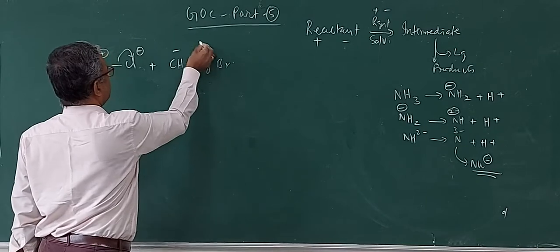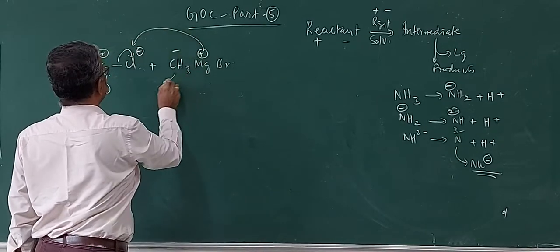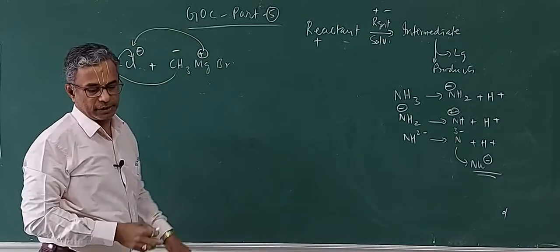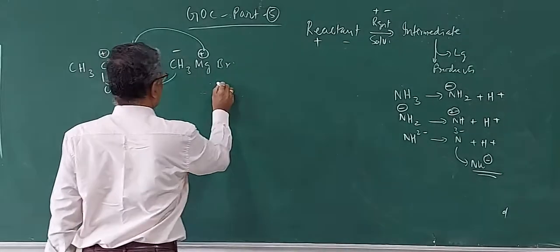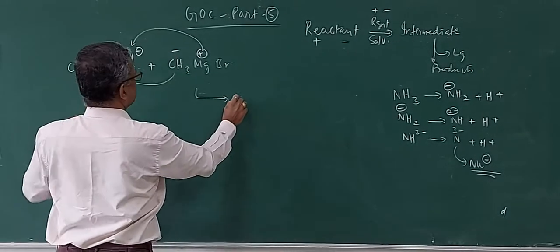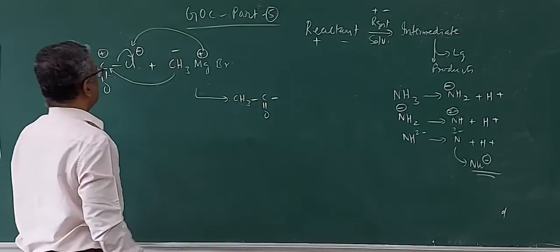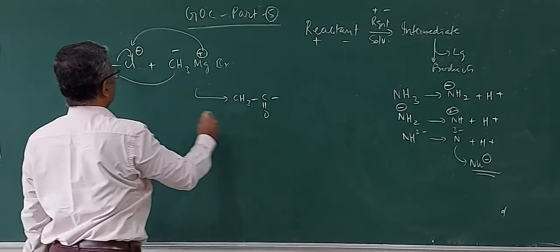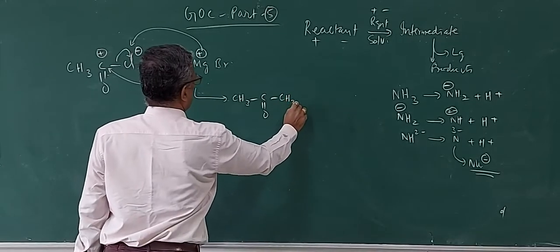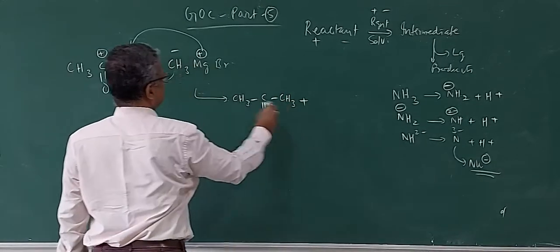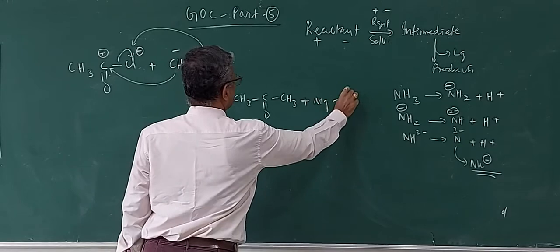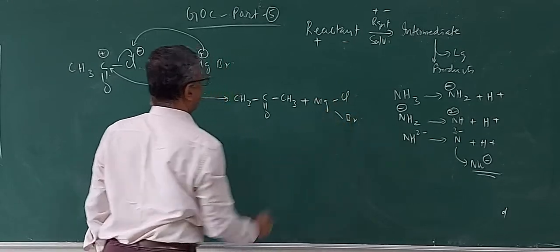So this plus will come here and this CH3 will go here. The product formed will be CH3, C double bond O, and then this CH3 coming and getting attached here, plus MgClBr. So you get a ketone.